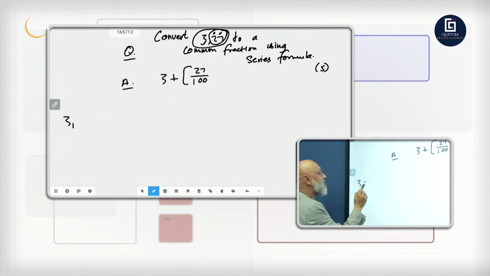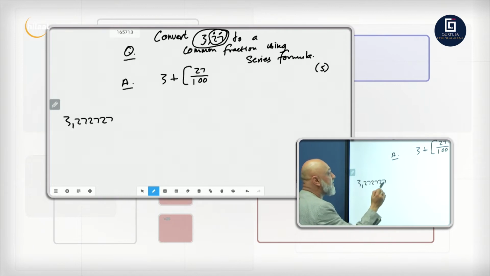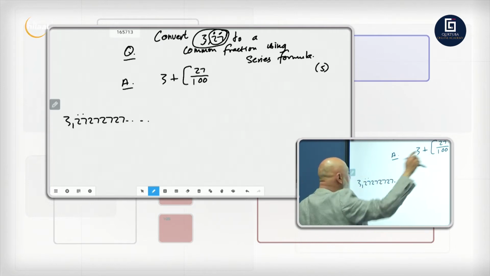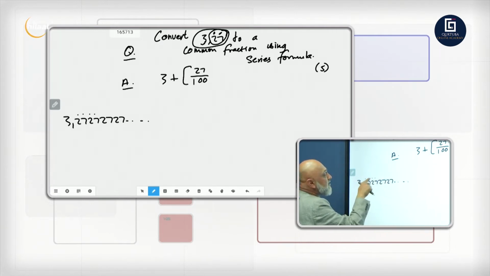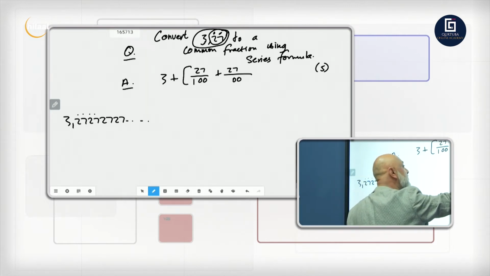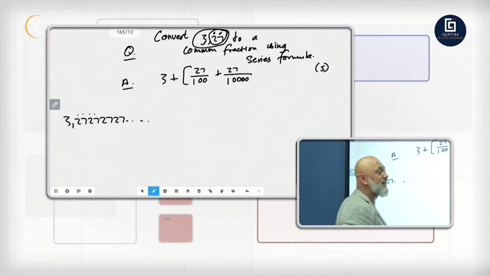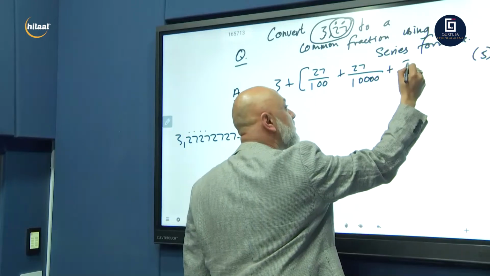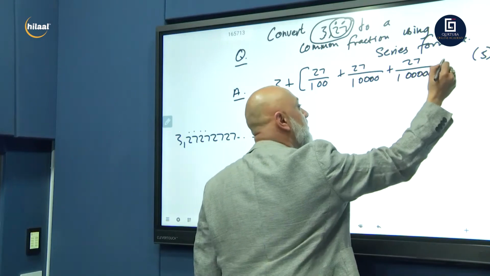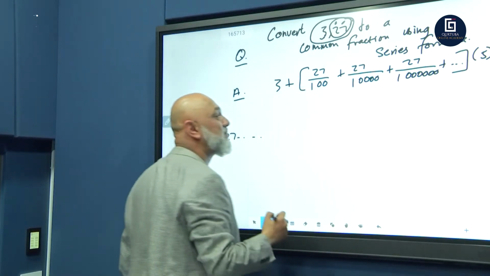This is going to be 3,27272727 going on to infinity. So the first one is 2 dots, therefore we put 100. The next 27 is 4 dots, so we go plus 27 over 10,000. Plus 27 over 6 zeros, 1, 2, 3, 4, 5, 6. Plus going on to infinity.